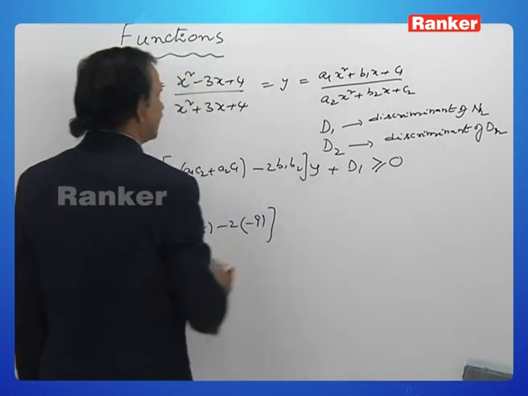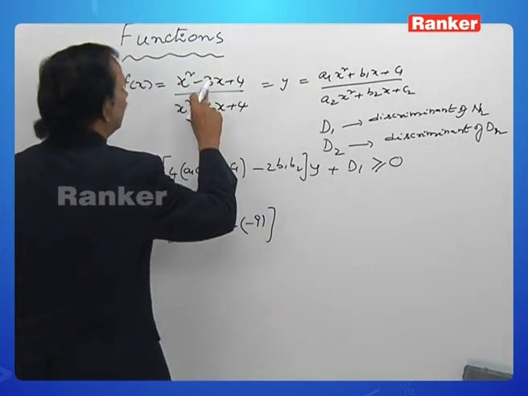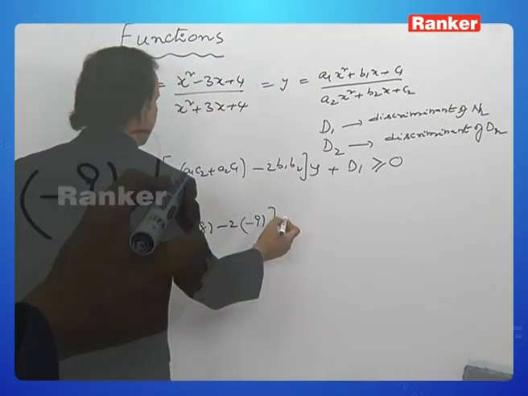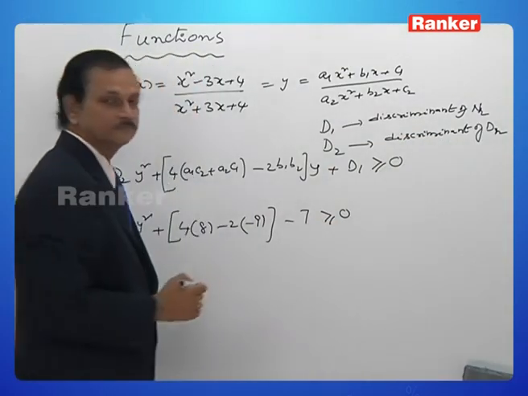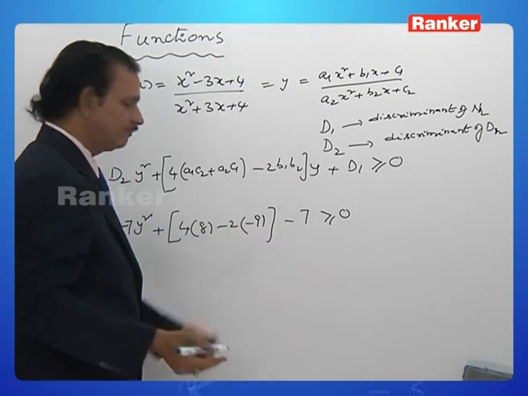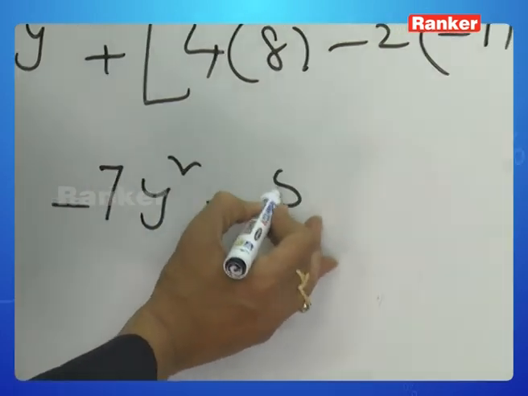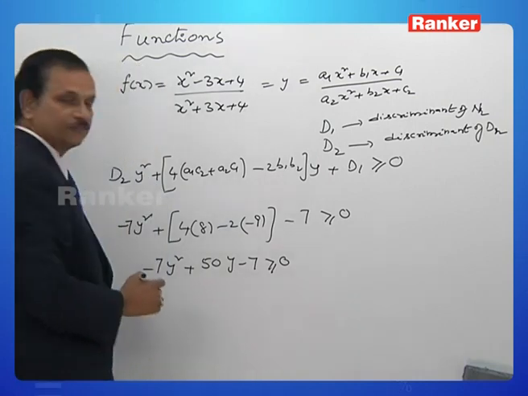What is the discriminant of the numerator? What is that? 9 minus 16, b square minus 4ac. It is again minus 7, greater than or equal to 0. This is 32 plus 18. What is that? 50. Minus 7y square plus 50y minus 7 greater than or equal to 0.